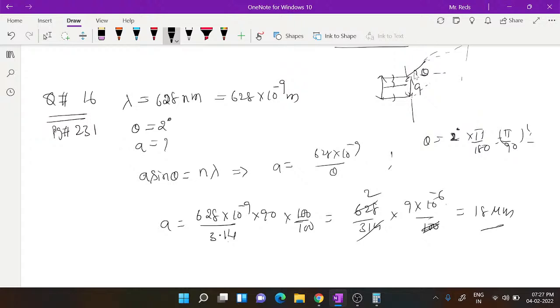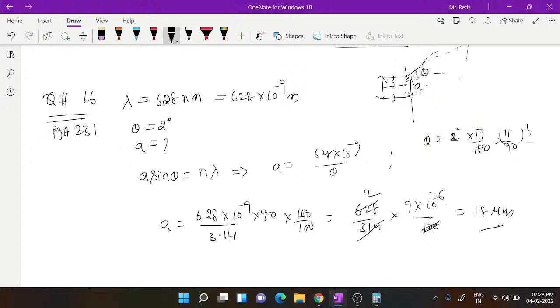Actually here they have taken it as n pi by this, right? The data is missed here. If n is 2, then you will get it. So the data should be missing here. It should be something like second minimum. The emergent beam has an angular divergence of 2 degrees for second minimum.